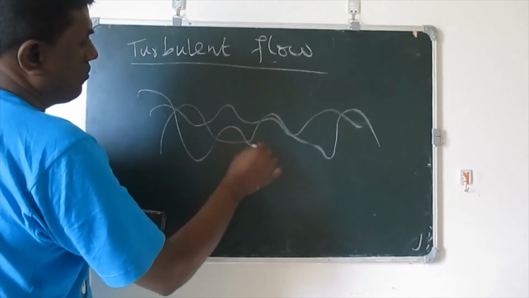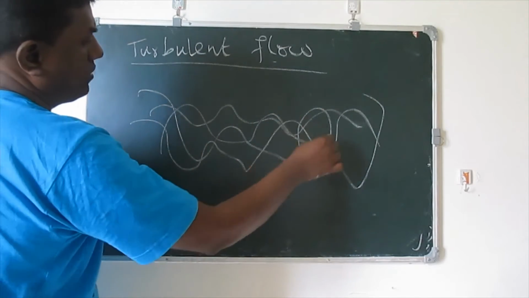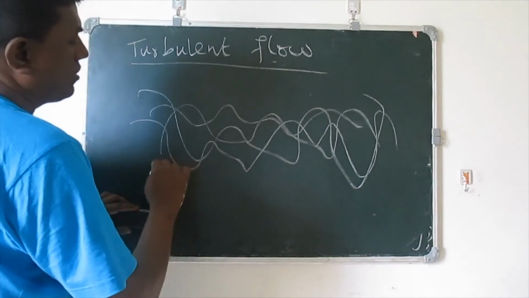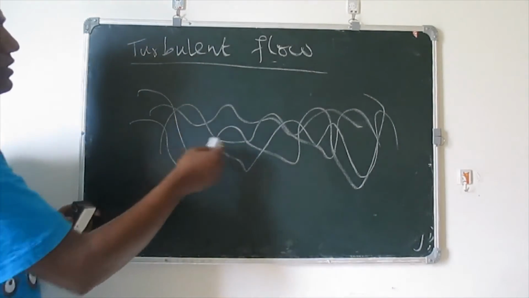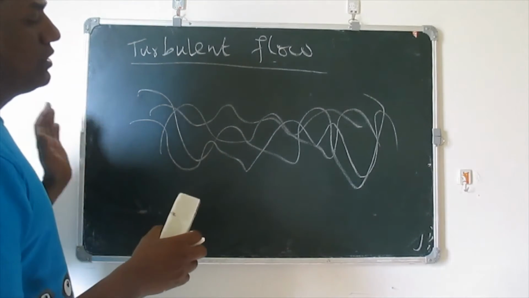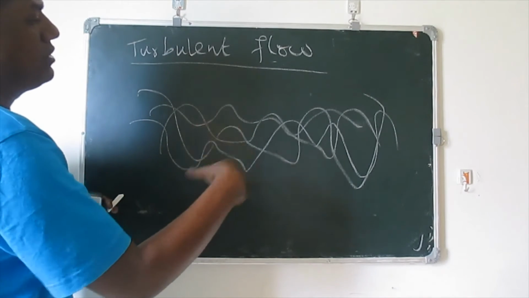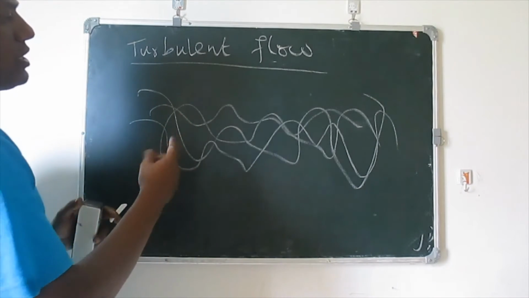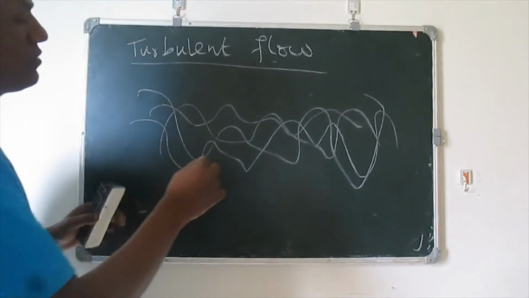So what happens is that fluid particles or the fluid layers interact with each other. One layer will interact with another layer. Like this there will be transport of properties. The fluid properties will be transported because of the interaction between the layers. Because of that reason it is irregular.